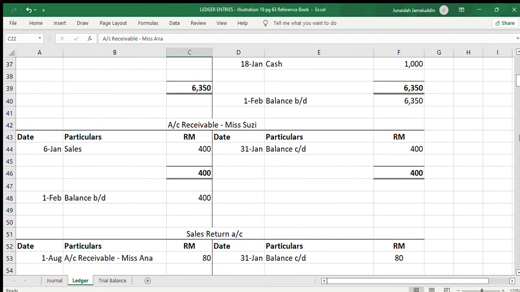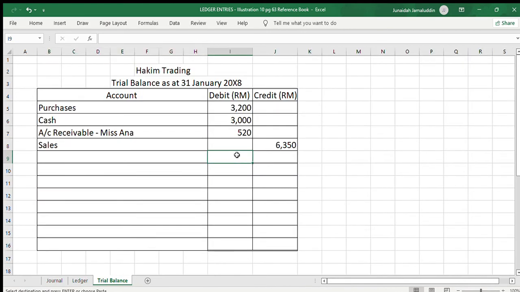We have account receivable Miss Suzy. Okay. So dia punya balance BD dia belah debit. So kita akan transfer ke dalam trial balance di sebelah kolom debit lah. Okay. So 400 ni kita akan transfer di sebelah kolom debit. Alright, so kita just copy this one. Sini. Oh, sekejap. Dia jadi kecil pula.